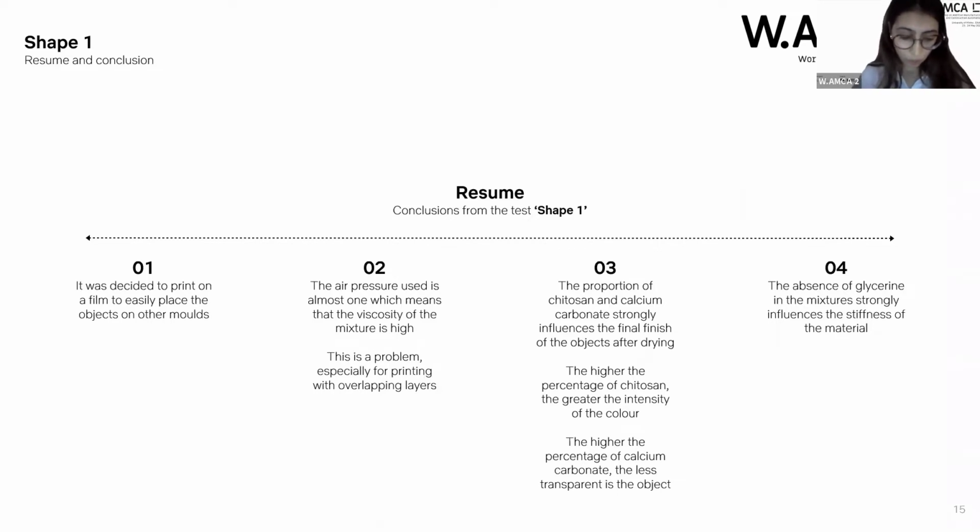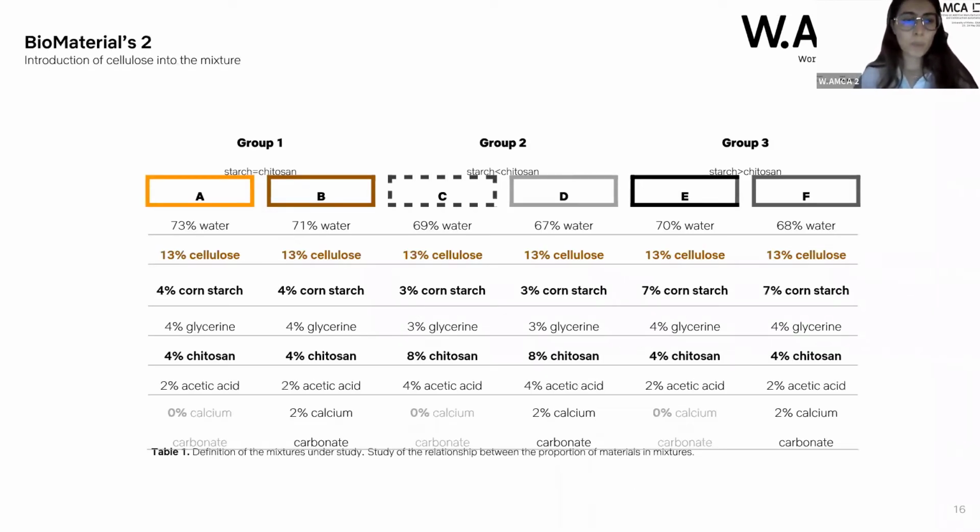The air pressure used is almost 1 bar, which means that the fluidity of the material is really high. The proportion of chitosan and calcium carbonate influences the final finish of the objects, and the presence of glycerin influences the hardness of the material.